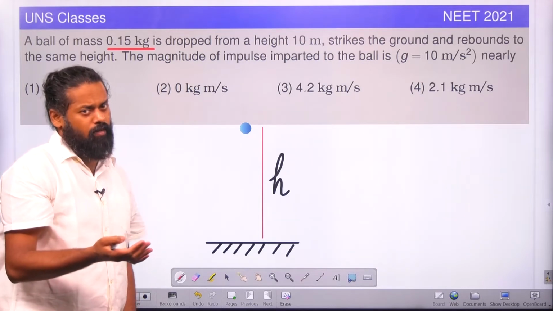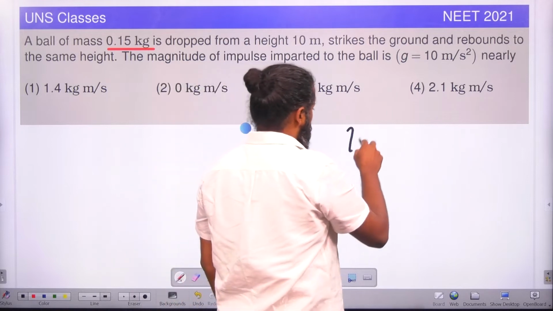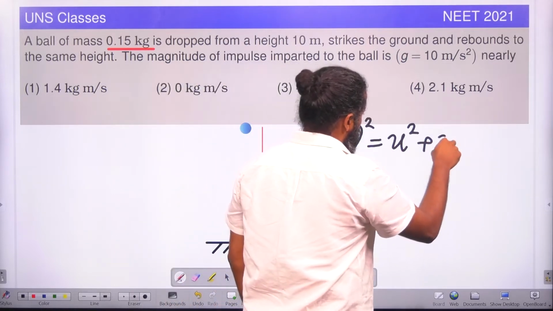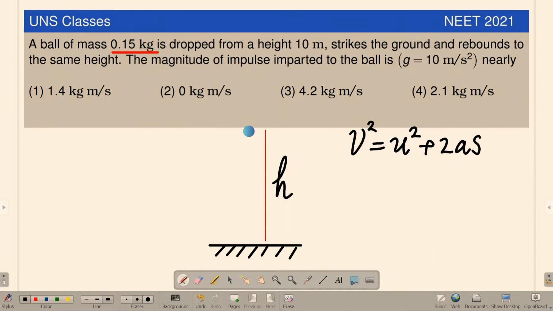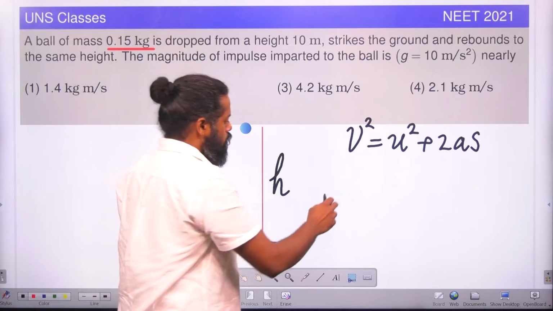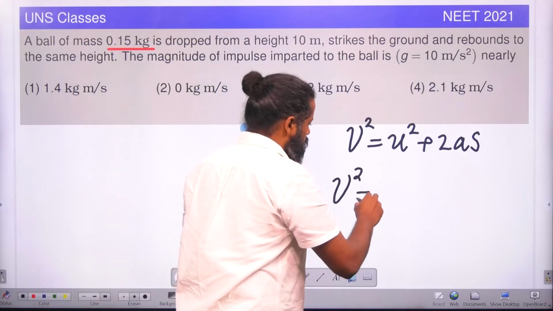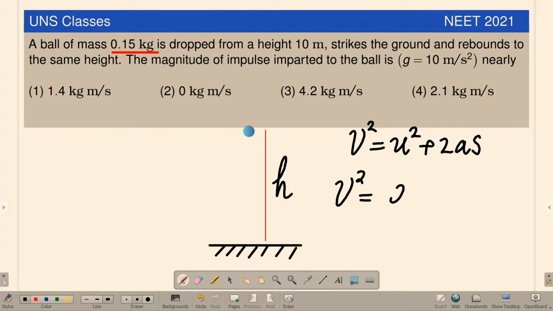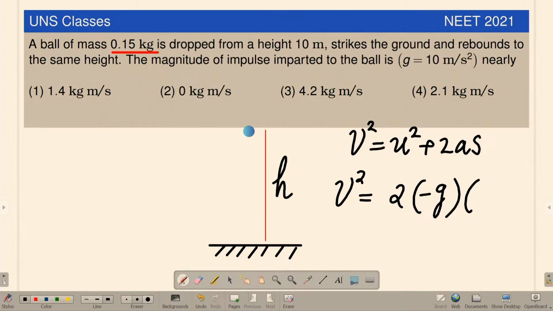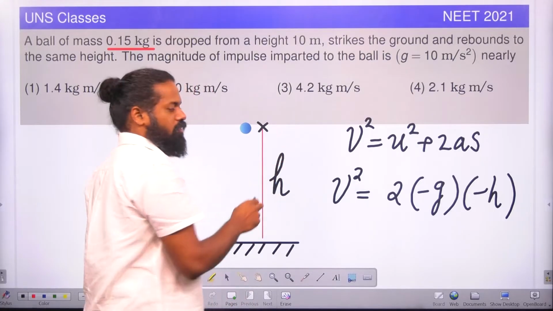Using the kinematic equation, we can use v square is equal to u square plus 2as. In this case, u, the initial velocity, is 0. So v square is equal to 0 plus 2 times a, which is minus g, because g is acting in the downward direction, and the displacement is minus h, because I am choosing this point as origin.